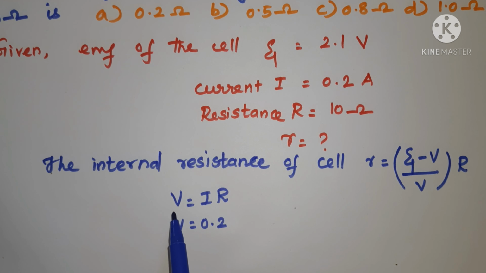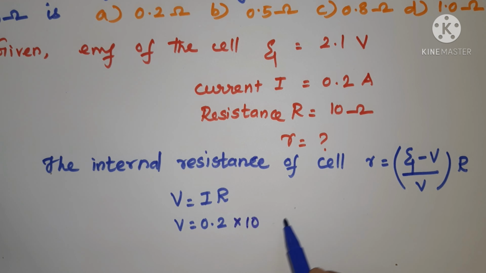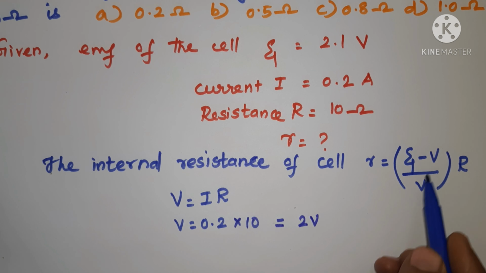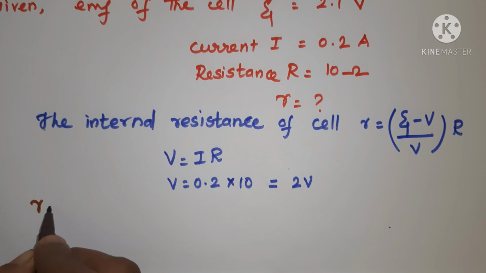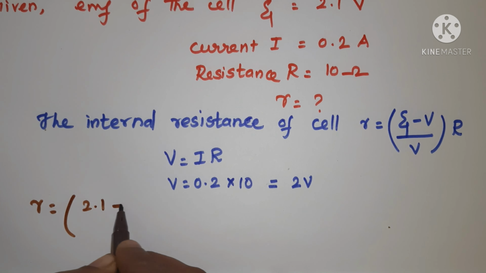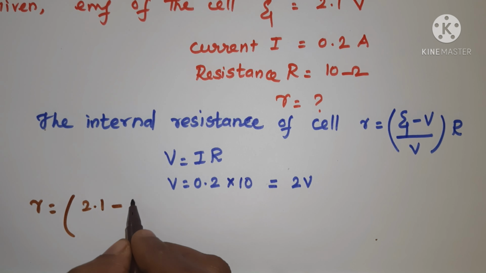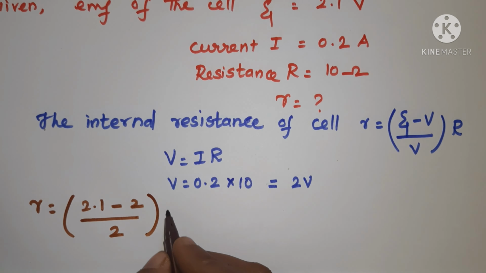We don't know what this V is. From Ohm's law, V is equal to IR, 0.2 into 10 ohm, therefore we have that to be 2 volt. So V is equal to 2 volt. So the internal resistance of the cell r is equal to the EMF, given to be 2.1, minus V, which is 2, divided by 2 into R value, which is 10.